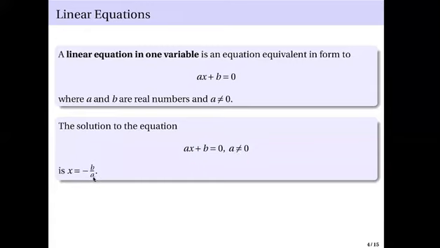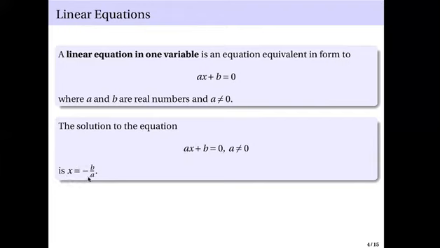This is the easiest equation to solve. If your linear equation is in this form already, then the solution will just be negative b over a. Let me give the step-by-step process from this form going to this form.